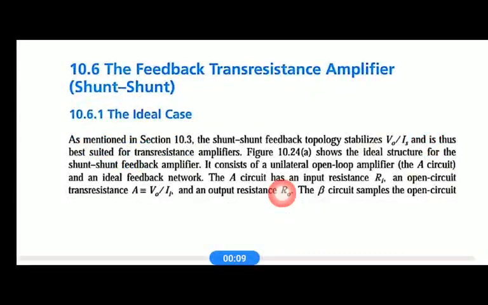So in this session, we are going to discuss the feedback trans-resistance amplifier, which utilizes shunt topology.